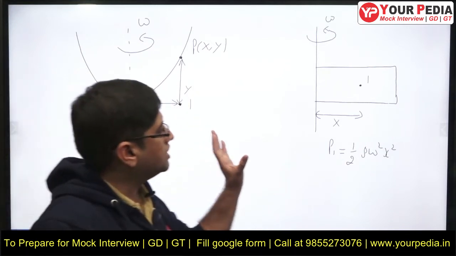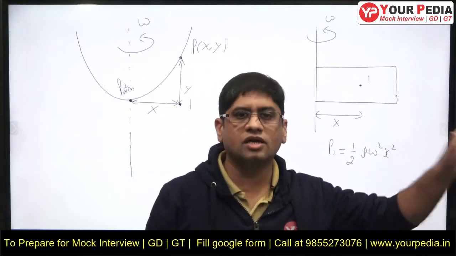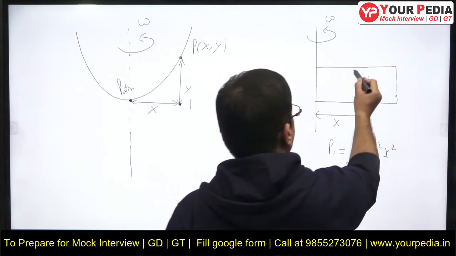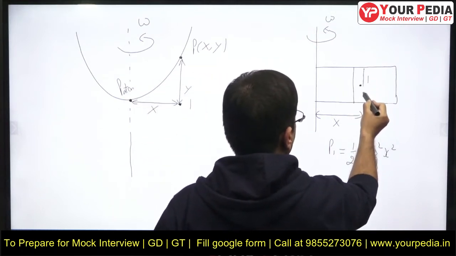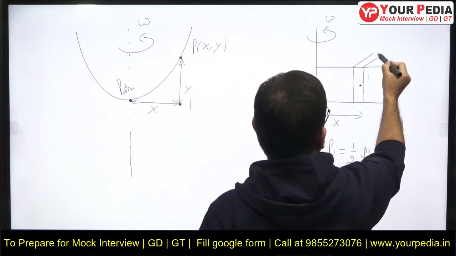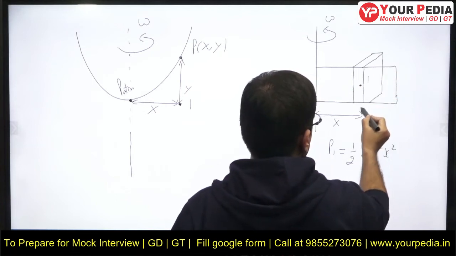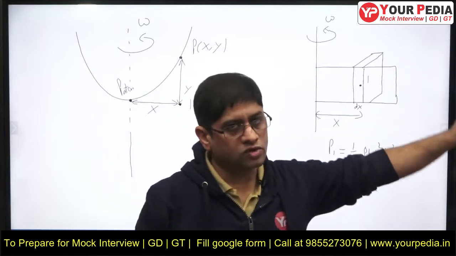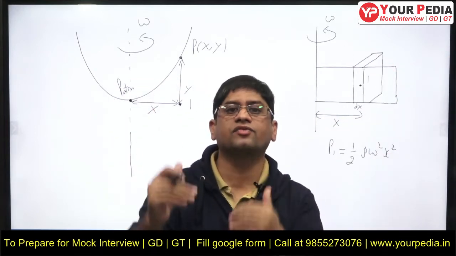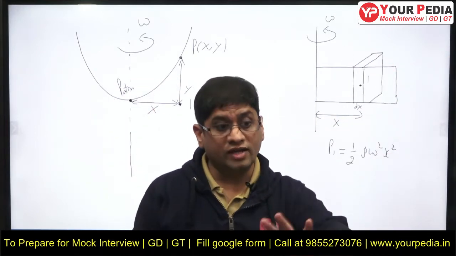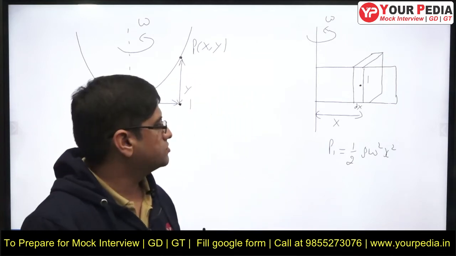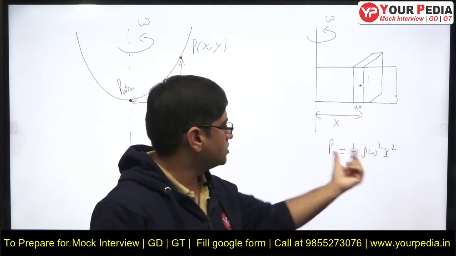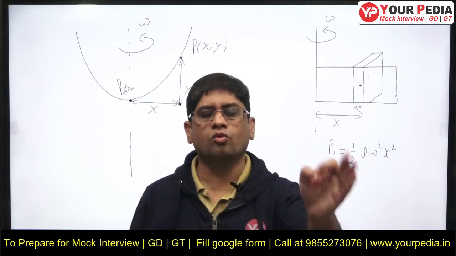This is because of the centrifugal force acting on the liquid element. How do you derive this? If I take a small elemental strip of fluid and find the forces acting on it, the centrifugal force acts on the fluid element, and that centrifugal force per unit area eventually gives you pressure. This is not a hydrostatic pressure; this is a pressure because of centrifugal force.